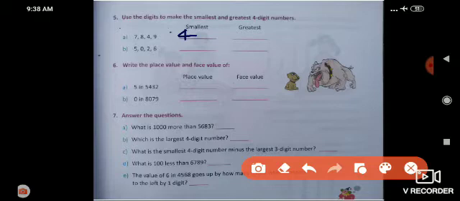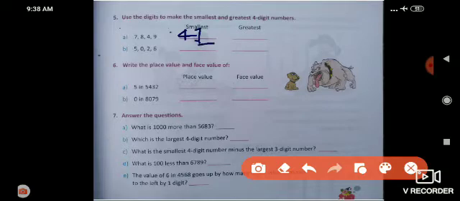To find the smallest number, you have to arrange the numbers in ascending order. To find the greatest number, you have to arrange the numbers in descending order. See, first I have written 4. Next after 4, what will come in 1, 2, 3? 7.